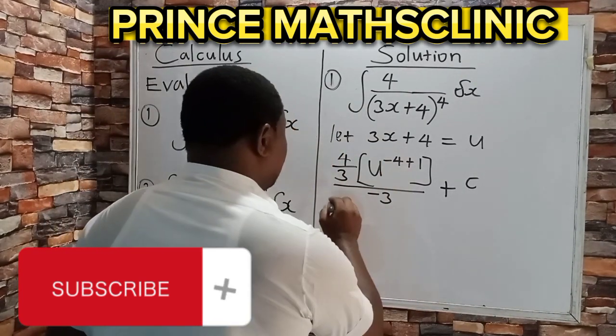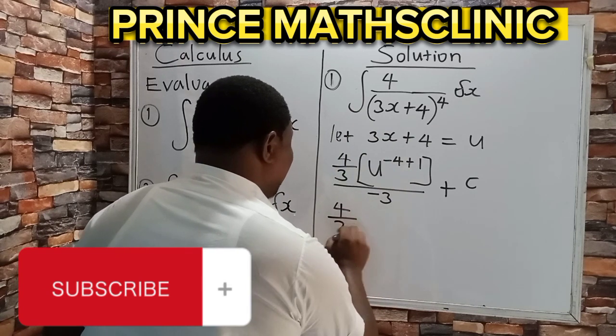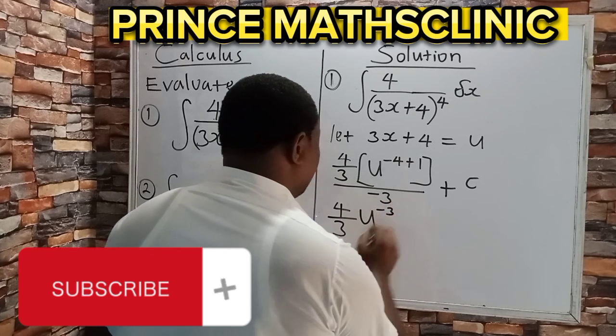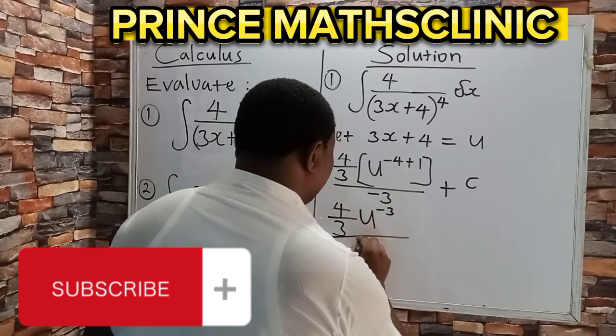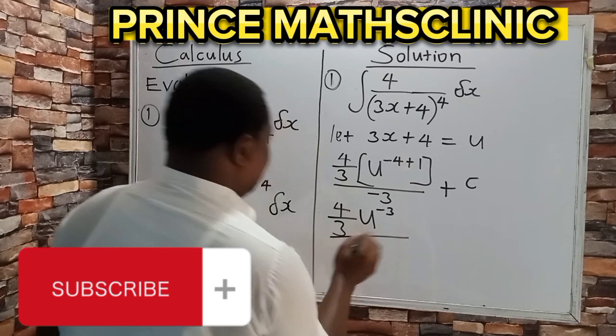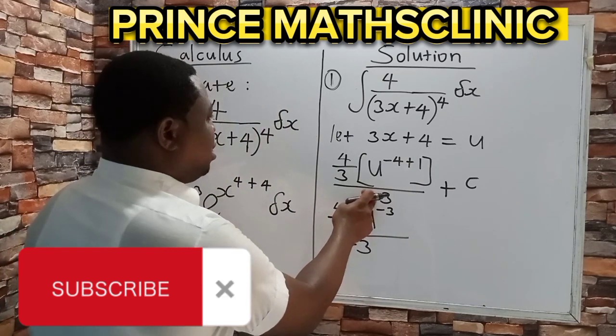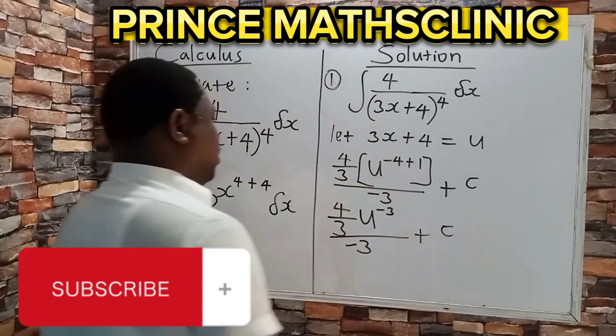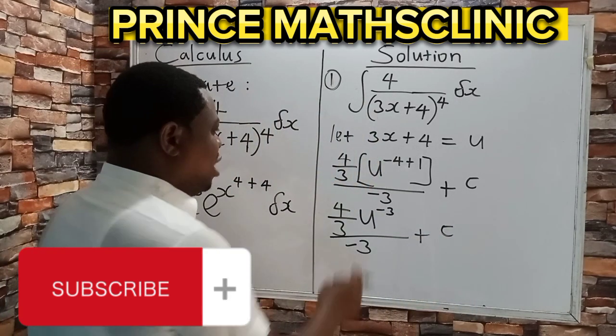Let's simplify this. This becomes 4 over 3 u to the power of negative 3, everything over negative 3. Mind you, there's a negative here. So this plus c. Let's further simplify this.